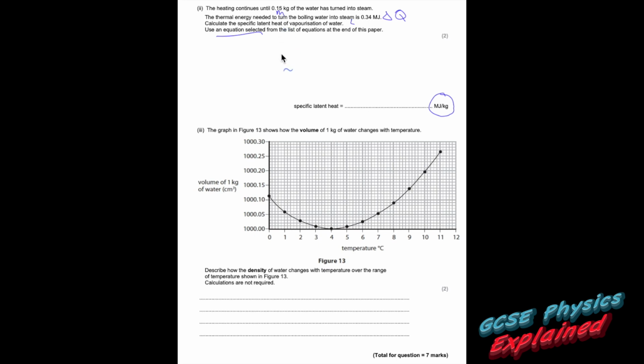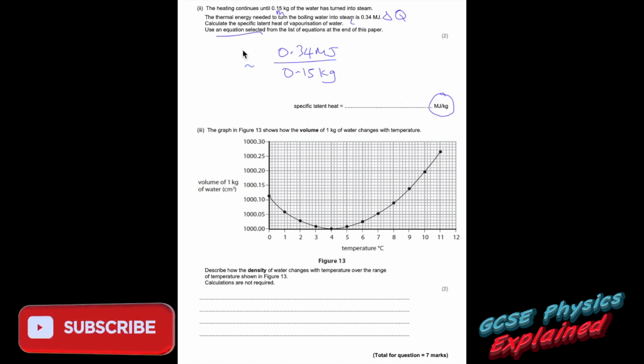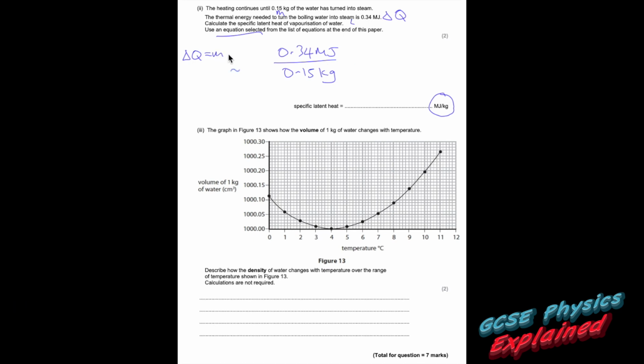So you just literally need to do the 0.34 megajoules and divide it by your 0.15 kilograms. Good, eh? The actual equation is delta Q equals M times by L. So if I did rearrange that to find L, we'd just be doing delta Q over M, which is basically what we've done there anyway.